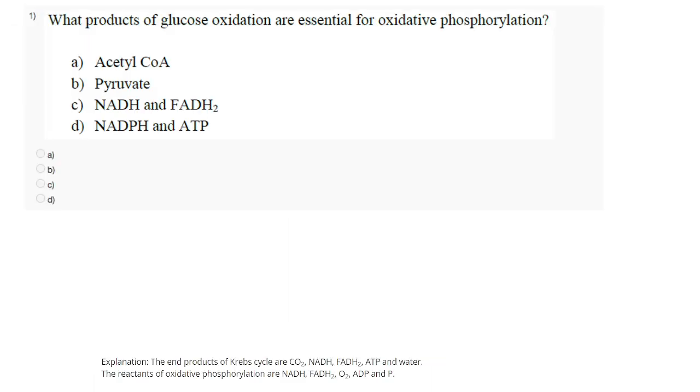The first question we have: what products of glucose oxidation are essential for oxidative phosphorylation?